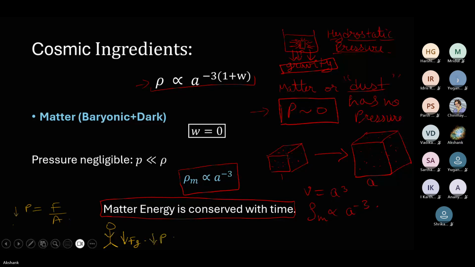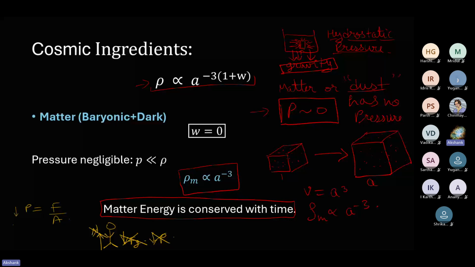If there was no gravity, there would be no normal force, no reactive and opposite normal forces, and so there would be no pressure. You would just be freely floating.